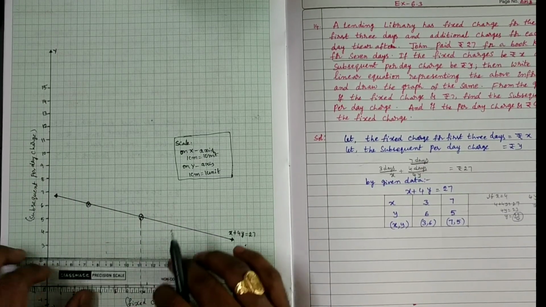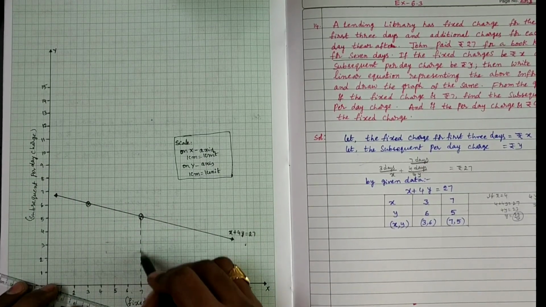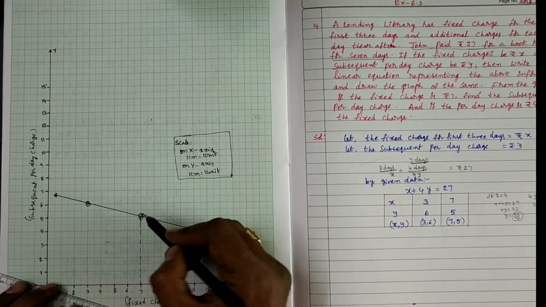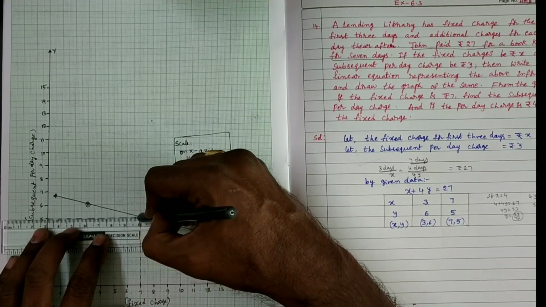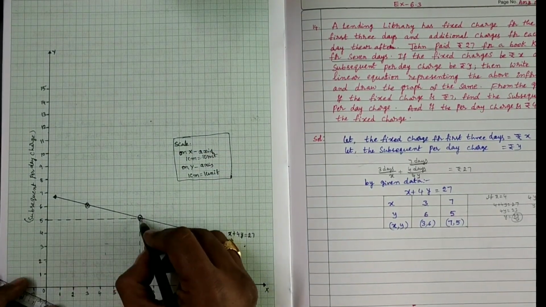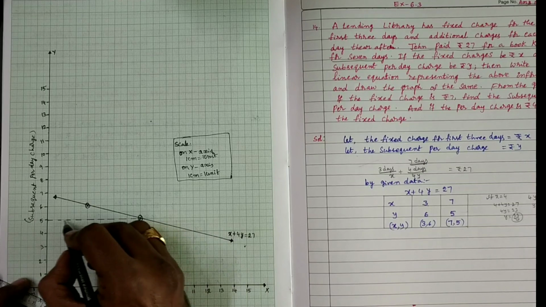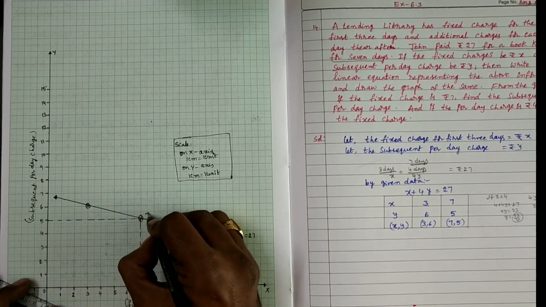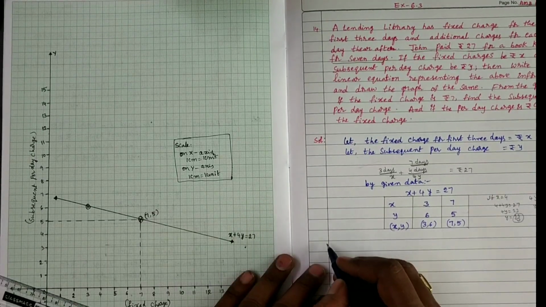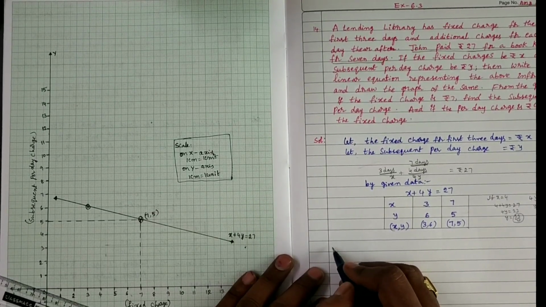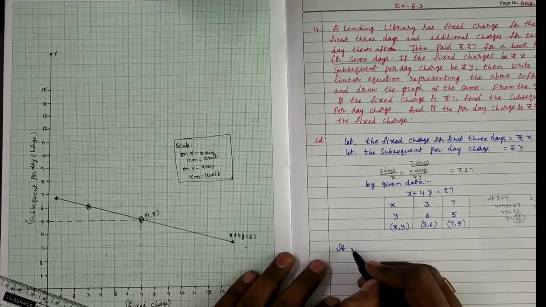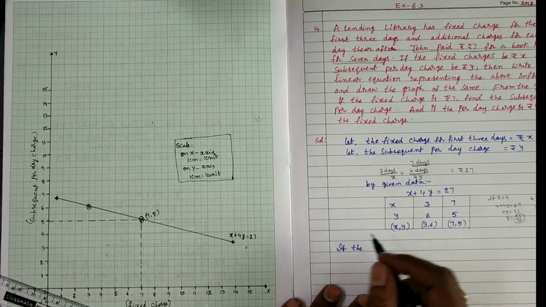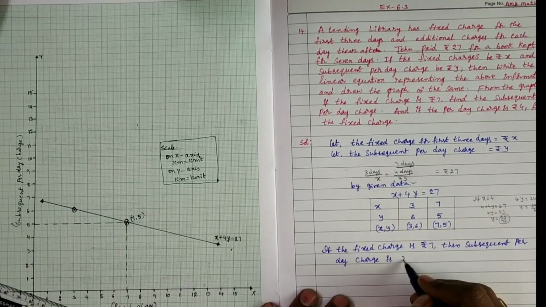From this point, again draw a perpendicular line to the y-axis. If the fixed charge is ₹7, the subsequent per day charge is ₹5. So 7, 5 is this point. The first answer is, if the fixed charge is ₹7, then the subsequent per day charge is ₹5.